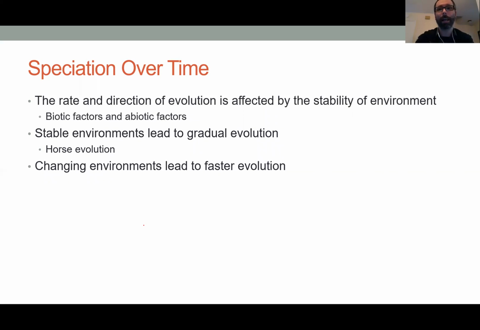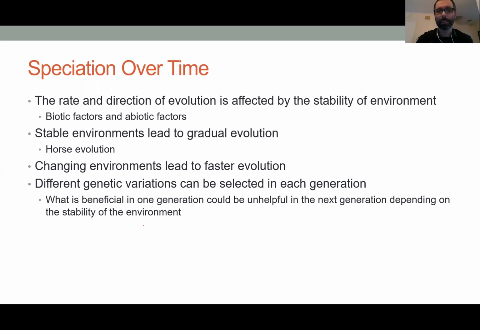Because every time the environment changes, there would be new variations that would be beneficial that maybe weren't beneficial in the last generation. The environment has changed since that first generation was born, and so now a new trait is beneficial.